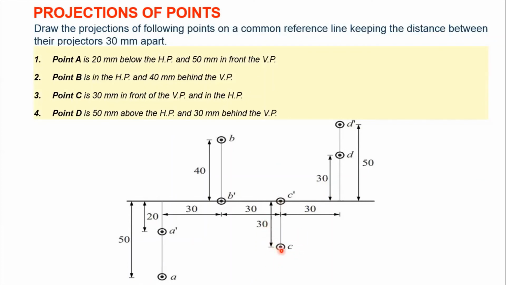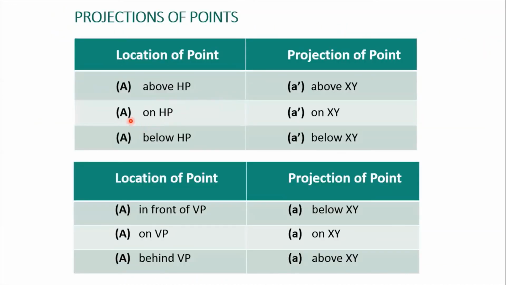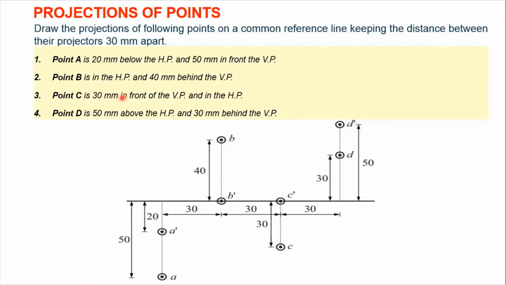So this will be your point C. Now it is in the HP. In the HP means on HP itself. So point C is on HP. That means we'll be getting the dash point on XY line. So we'll be plotting this point C dash on this XY line because it is in HP.